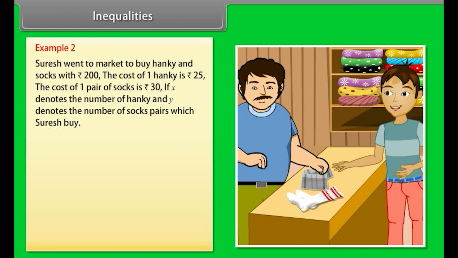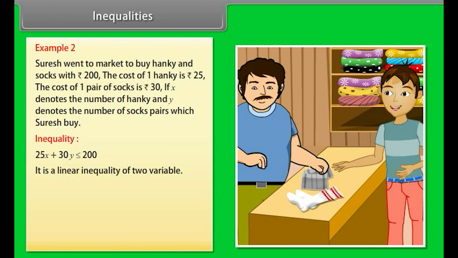Example 2. Suresh went to market to buy hanky and socks with rupees 200. The cost of one hanky is rupees 25. The cost of one pair of socks is rupees 30. If x denotes the number of hanky and y denotes the number of socks pairs which Suresh buys, then we can represent the above statement in inequality form as 25x plus 30y less than or equal to 200.